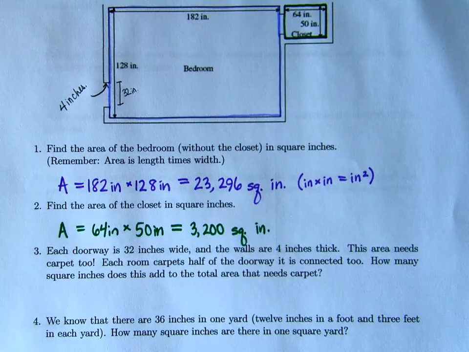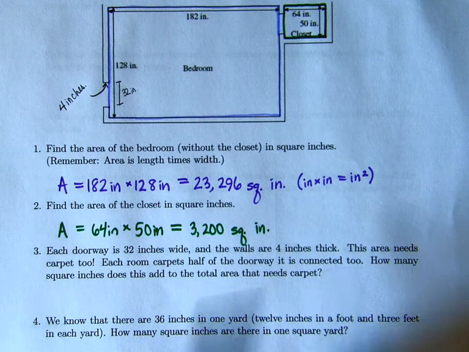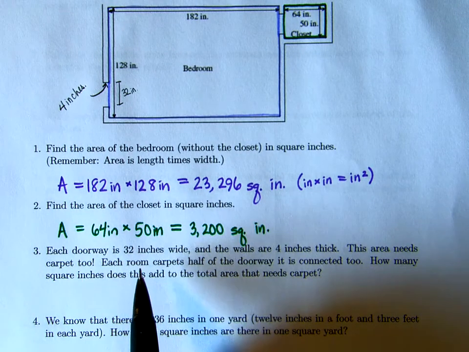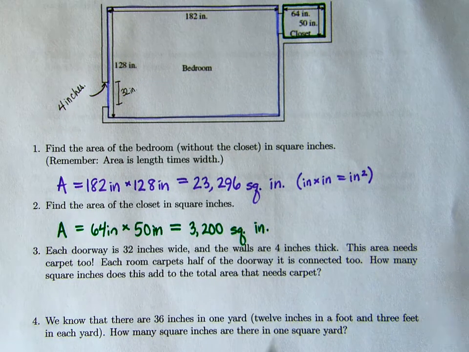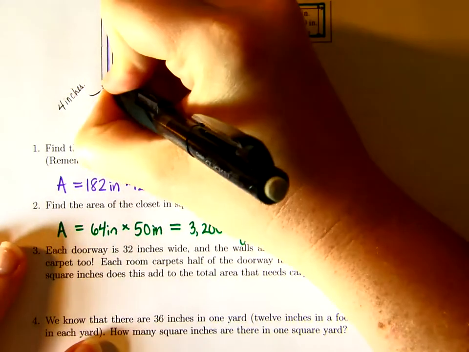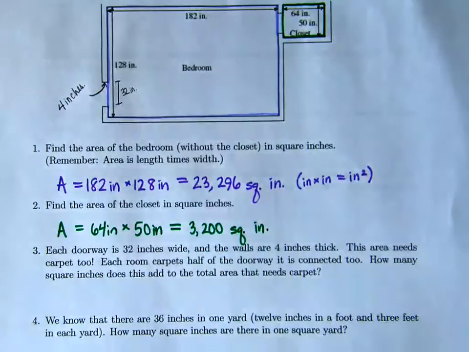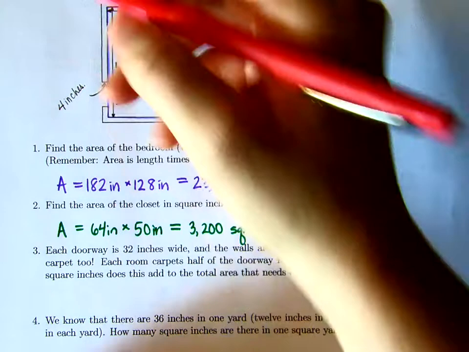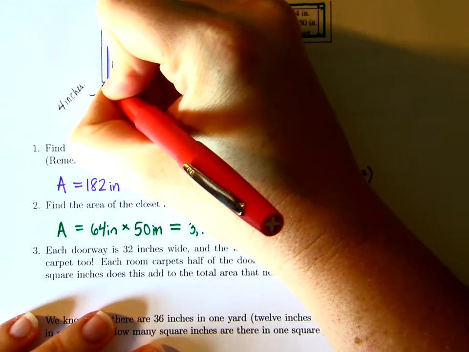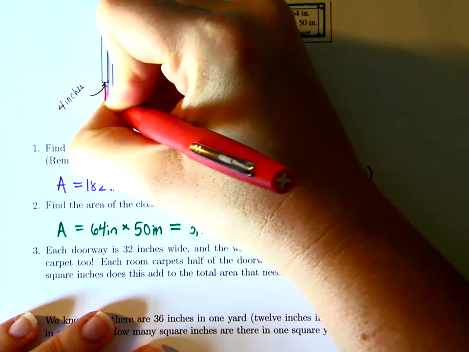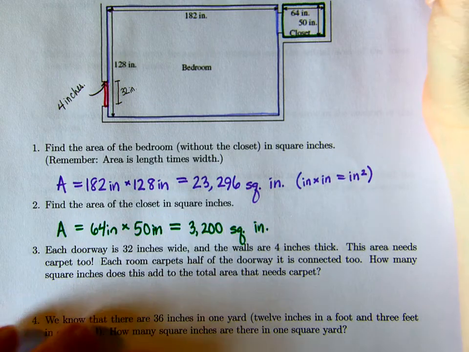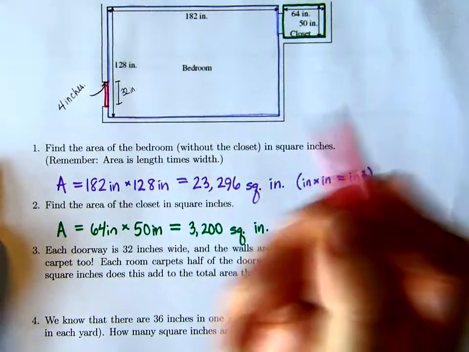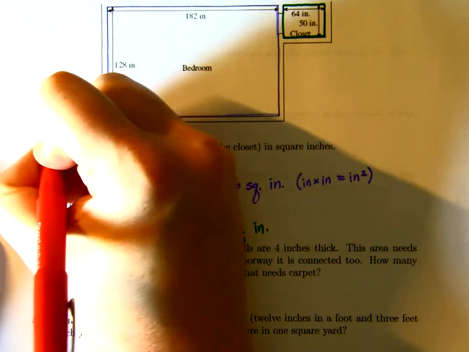So the area needs carpet too. Each room carpets half of the doorway it is connected to. So there is this sliver here that goes halfway, and then they put a transition piece. So right there, we need to carpet half of that doorway, which would be a 2 by 32.